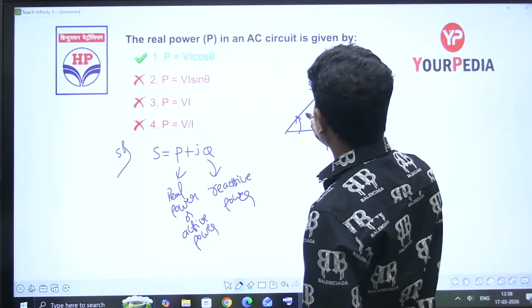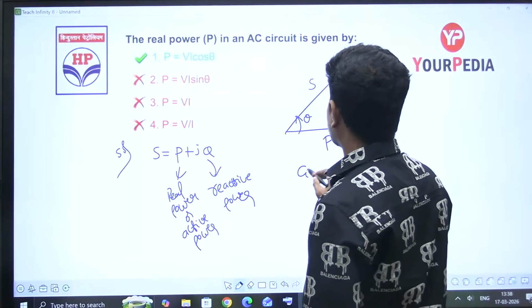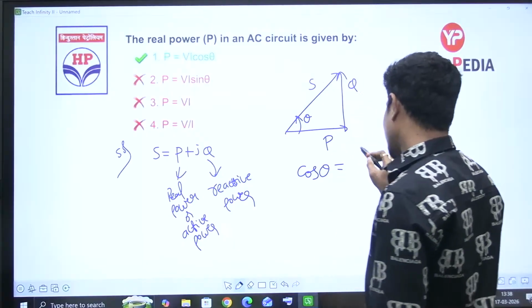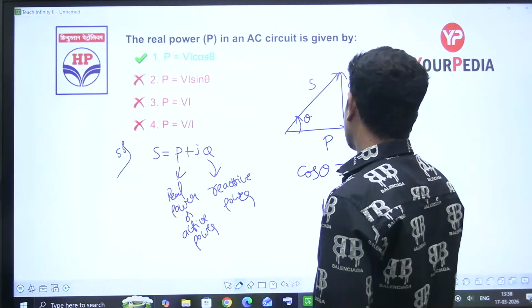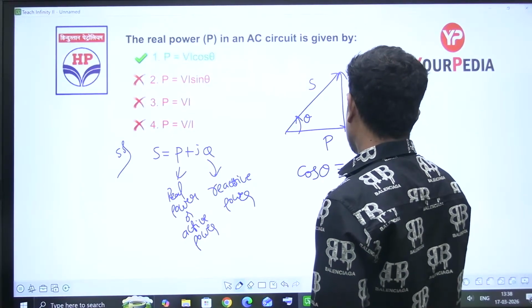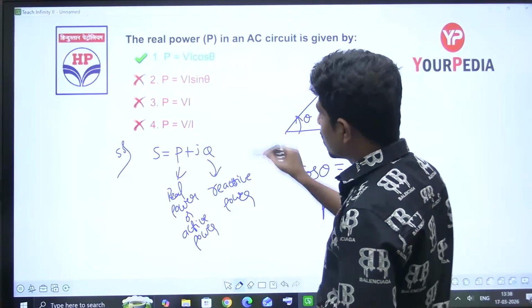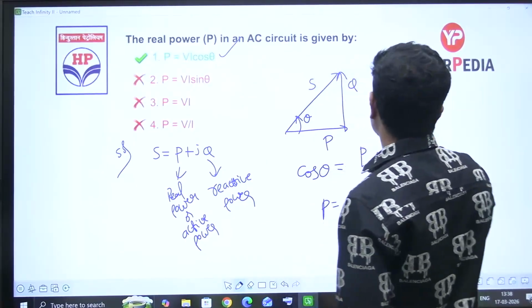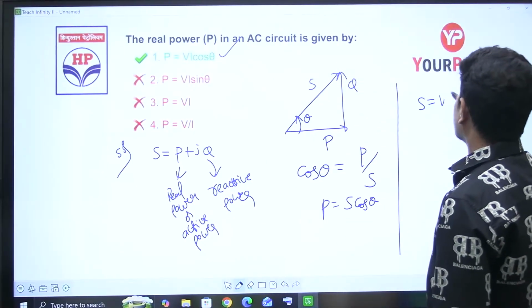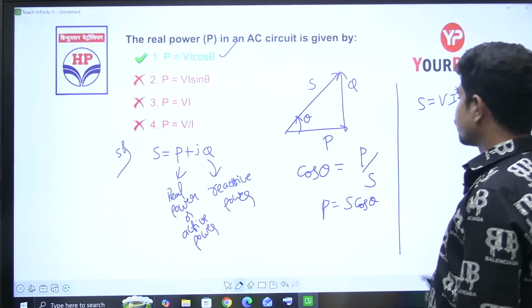Now let's take this one as theta. Now write cos theta. Cos theta is equal to adjacent side by hypotenuse. So P is equal to S cos theta, which is real power. What is S? S is equal to V into I conjugate.